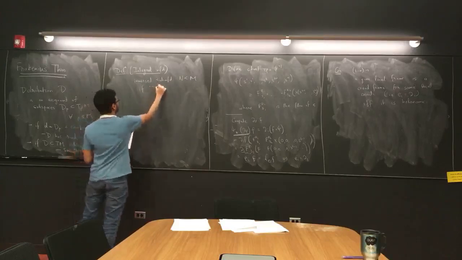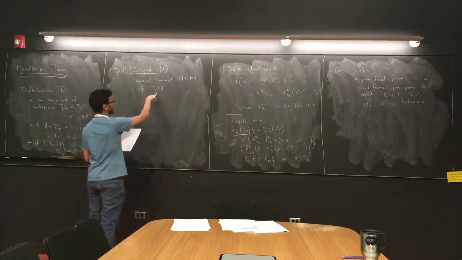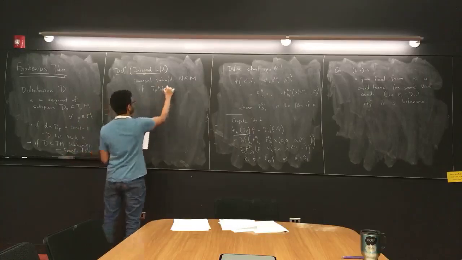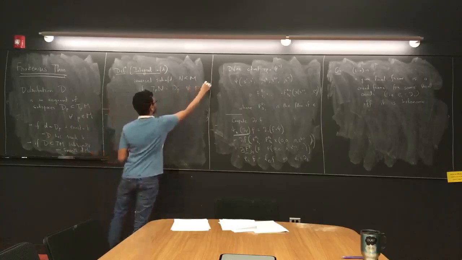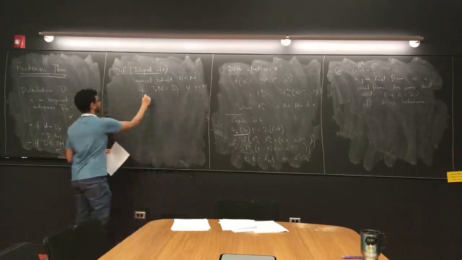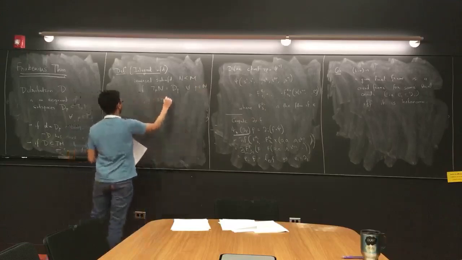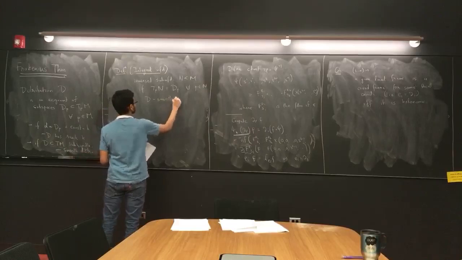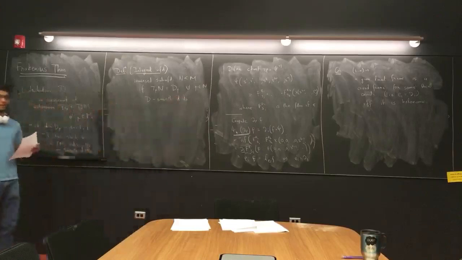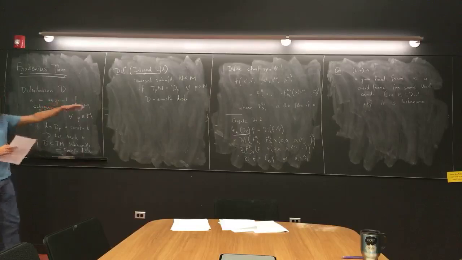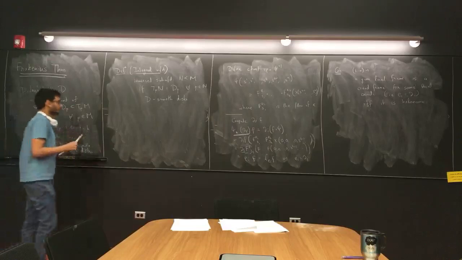N of M, if the tangent space at a point p of N is D_p for all p in N, and D is a smooth distribution. So if such an immersed manifold exists, it'll be called an integral manifold of the distribution.